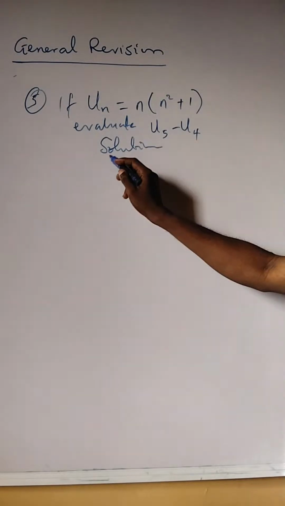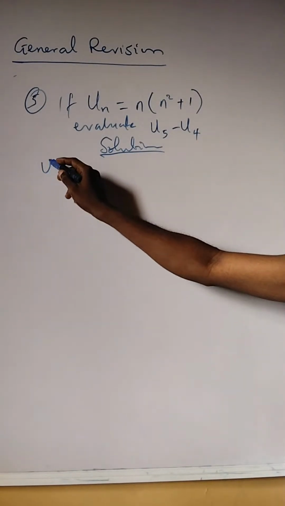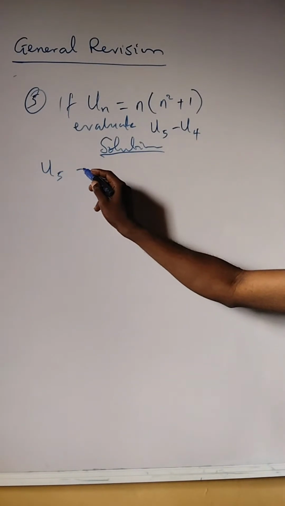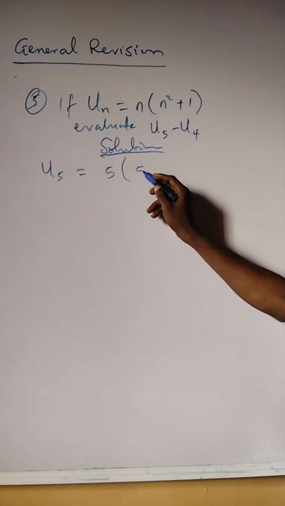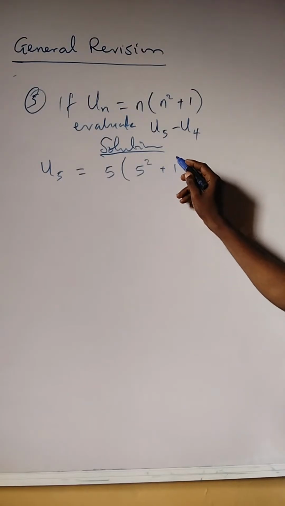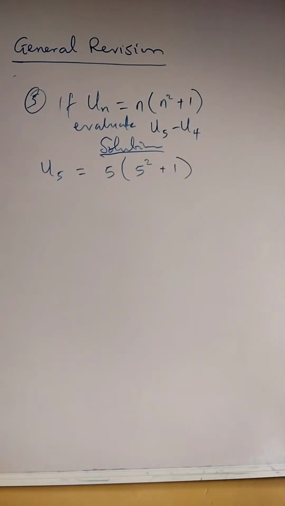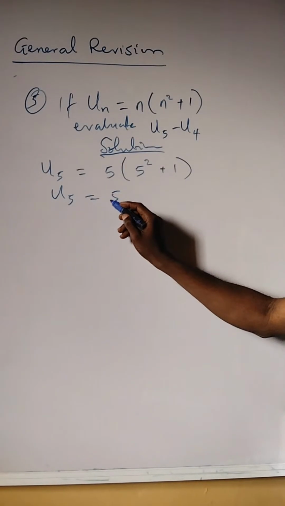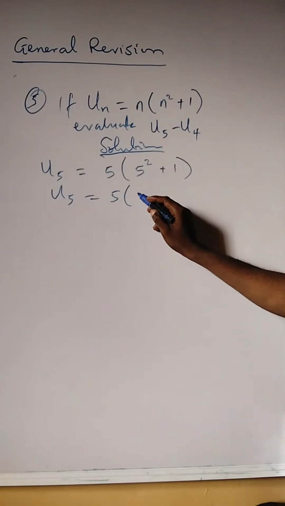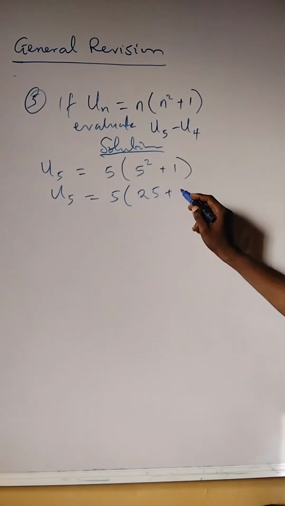Since this is u subscript n, we can substitute n equals 5 to get u subscript 5, and this becomes 5 into brackets 5 squared plus 1. This relation makes u subscript 5 equal to 5 into brackets 5 squared, 25, plus 1.